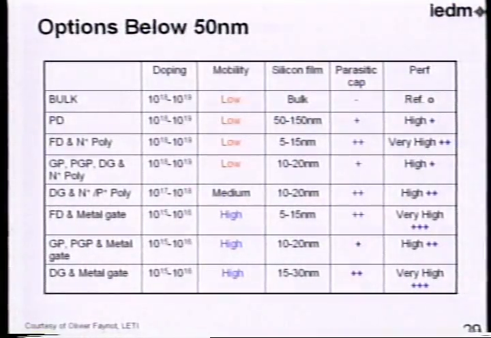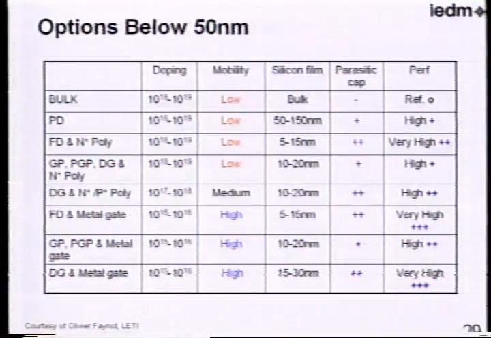So just a quick overview here. It's listed here, a number of different options that you can look at, from bulk all the way down to a double gate approach with metal gates.